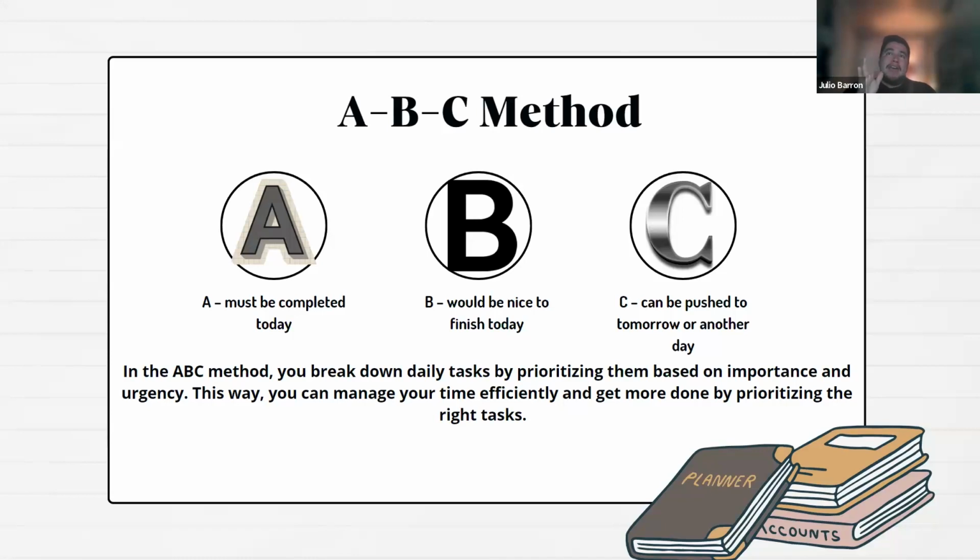For the A group, it's just things that must be completed by today. It could be anything, from an assignment or project that your professor has given you from a couple of days ago, or a last minute project. Hopefully your professor is not like that, but you probably have your syllabus and assignment dates already. Put those up at the top, prioritize those first.